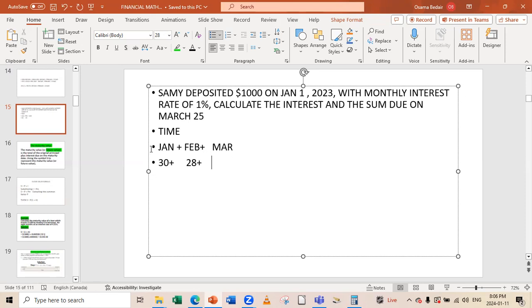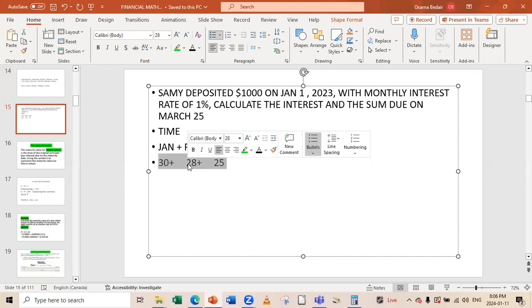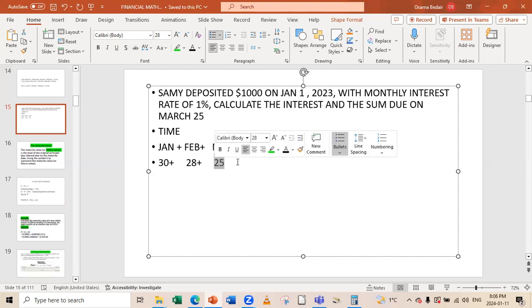How many days in March now? On March 25, including the day 25. Control C, and here it is, Control V. So the amount deposited is 30 days for January, 28 days for February, and 25 days for March.